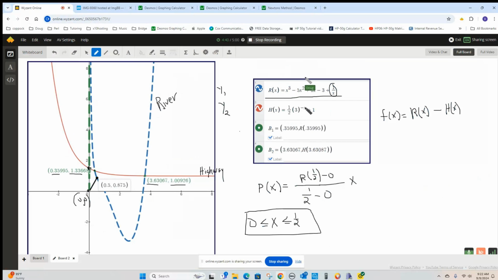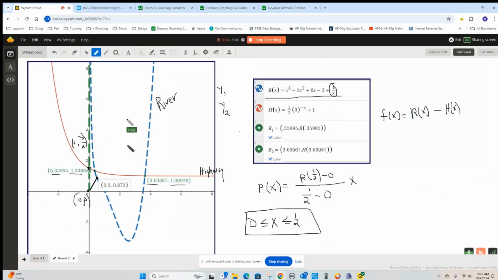So h of 0, if I put 0 in here, 3 to the 0 is 1. 1 times a half is a half. A half plus 1 is 3/2. So the coordinates of this point right here is 0, 3/2, and that's the distance from Origin Town to where the road meets the highway.